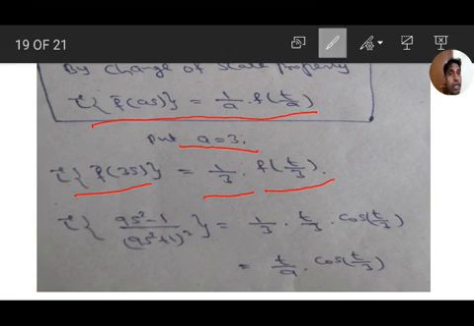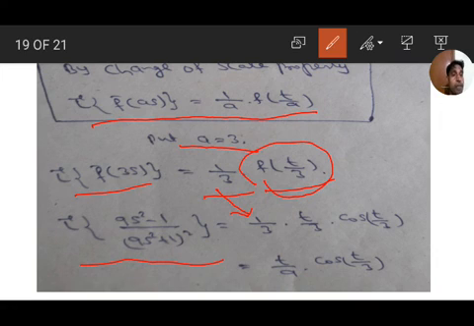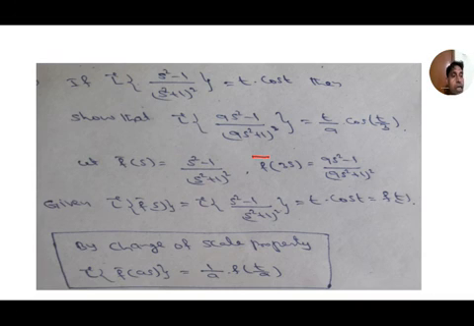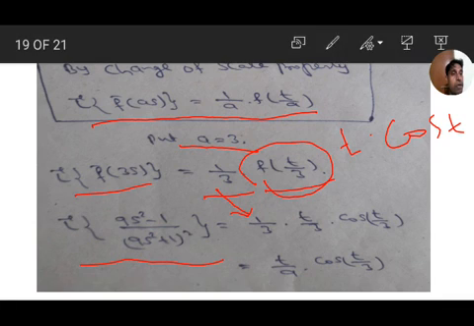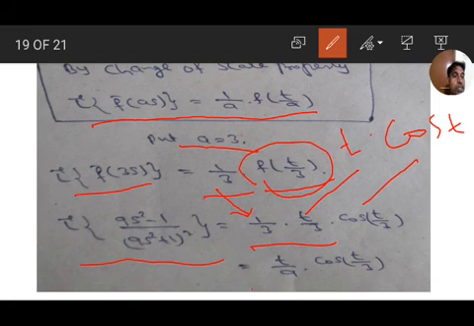So L inverse of (9s square minus 1) by (9s square plus 1) whole square is 1 by 3 into f of t by 3. Here f of t equal to t into cos t. In the place of t we substitute t by 3, so t by 3 into cos t by 3. 1 by 3 into t by 3 means t by 9 into cos of t by 3.